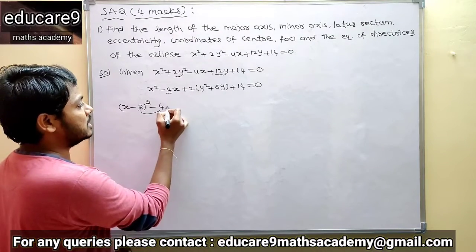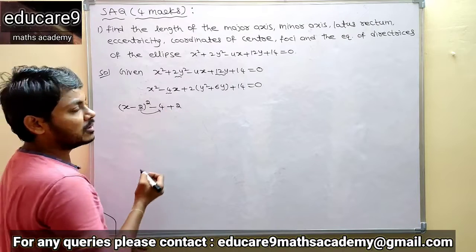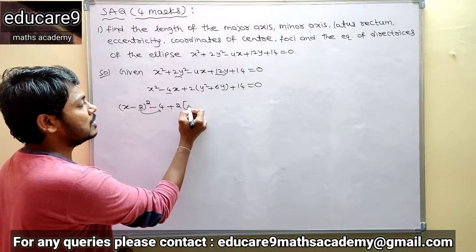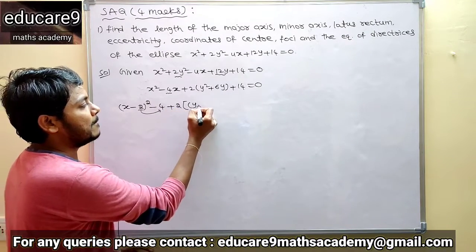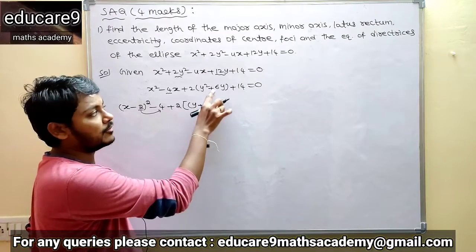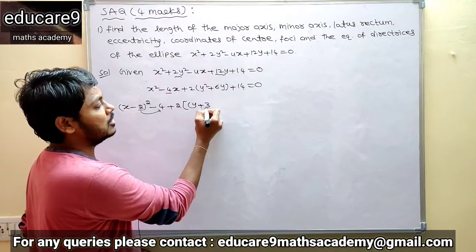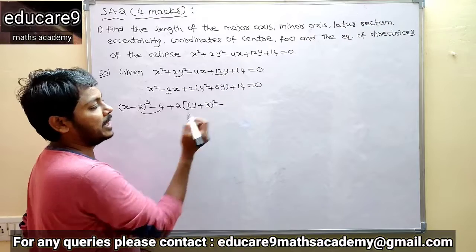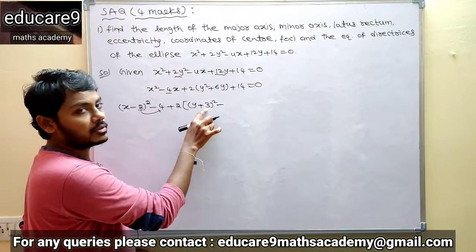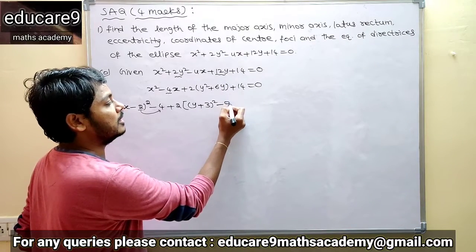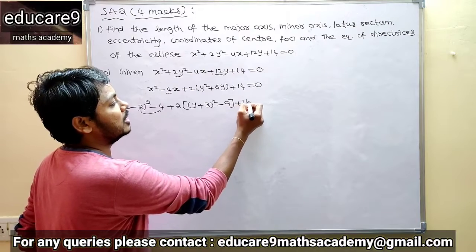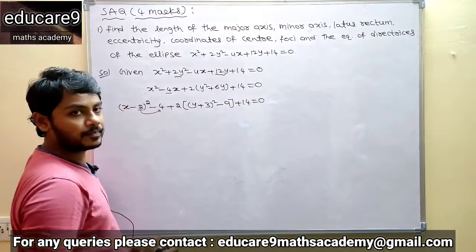Now similarly, 2 times (y plus half value of 6, that is 3) whole square minus square of 3, that is 9, plus 14 equals 0.